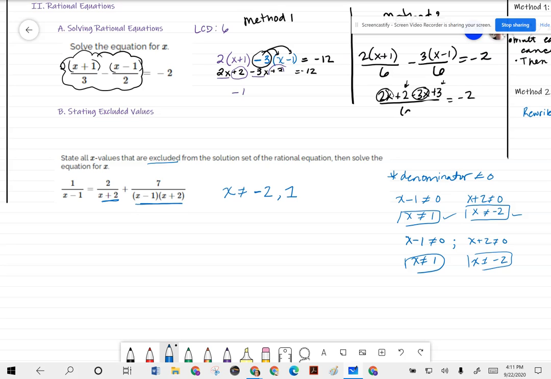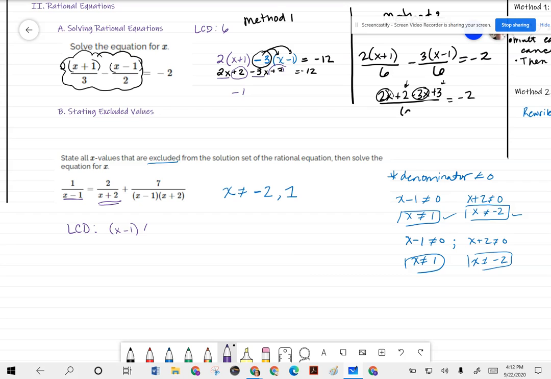All right, so now that we have our restrictions, we can go method 1 or method 2. I personally find it easier to multiply by the LCD, so that way you can get rid of the fractions, but it's really just a personal choice. So my LCD would be, every denominator has to be represented. So if you notice, I'm going to start with the left. I notice that I have to have a denominator of x minus 1.